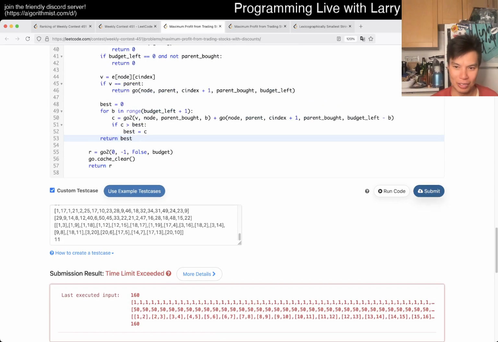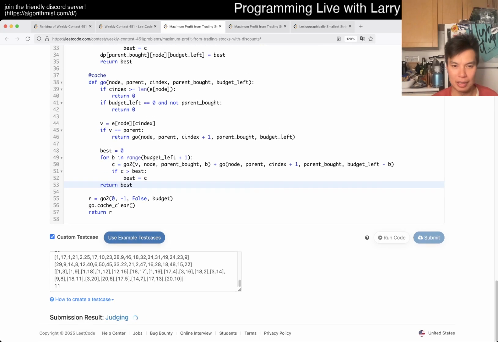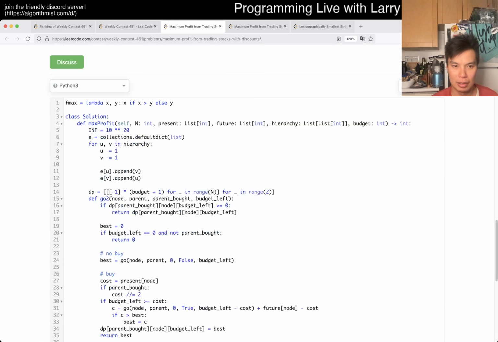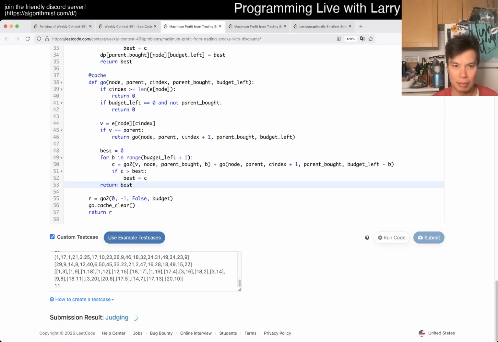I'm just going to YOLO submit because I don't have any idea. Is this a little bit faster? Can I write it bottom up? I don't know if I can write it bottom up easily. This is going to time out.